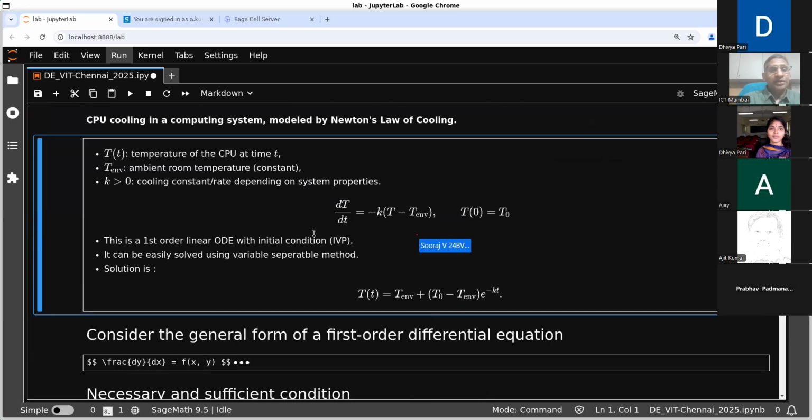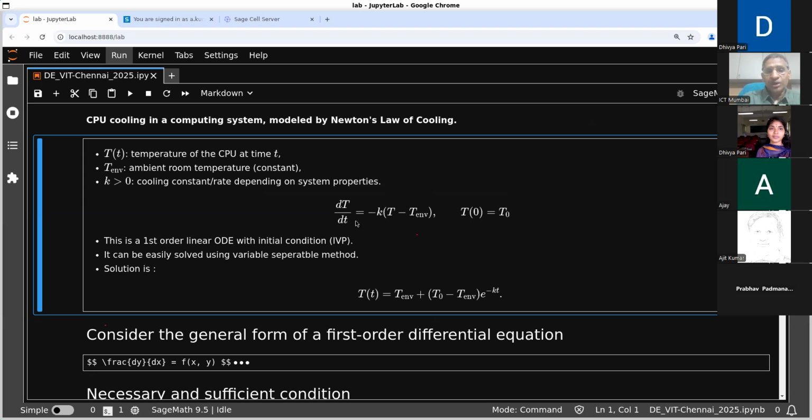For example, this actually uses just Newton's law of cooling. Let capital T be the temperature of the CPU at time t, and there will be an environment temperature, like the room temperature. That you can denote by T environment, and K is the cooling rate, a constant.